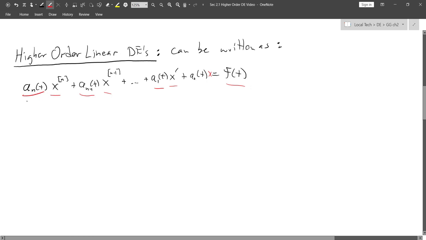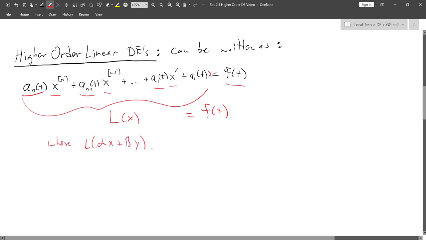Now it's linear because we can represent this equation as some operator acting on our dependent variable equal to some function of our independent variable, and this would be linear if this operator L satisfies the conditions of linearity. So in other words, L of some constant times a function plus some constant times another function is equal to the constant times L of x plus the constant times L of y.